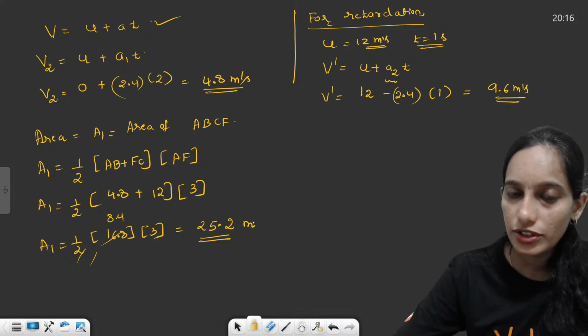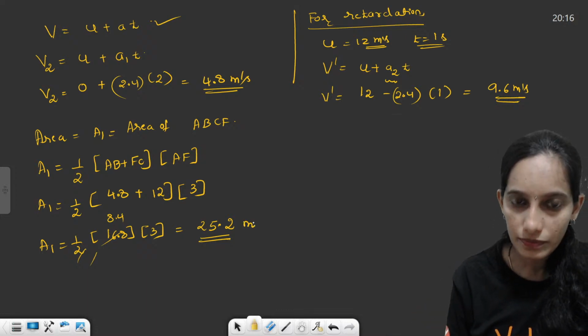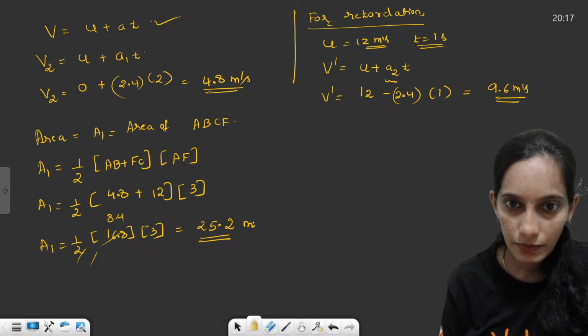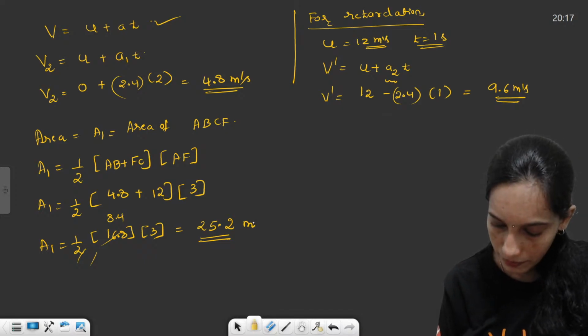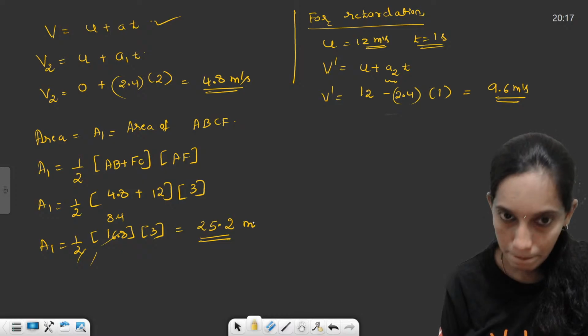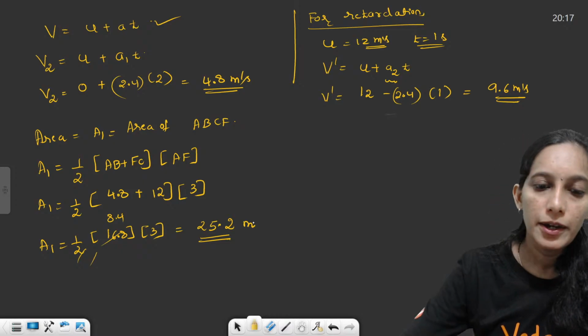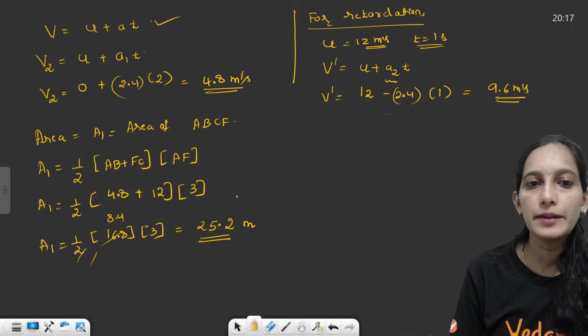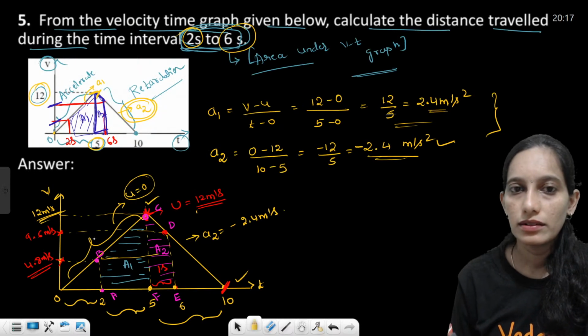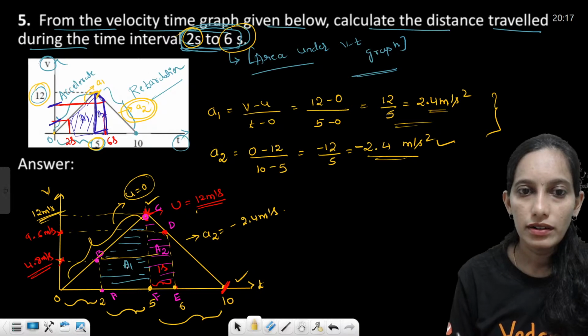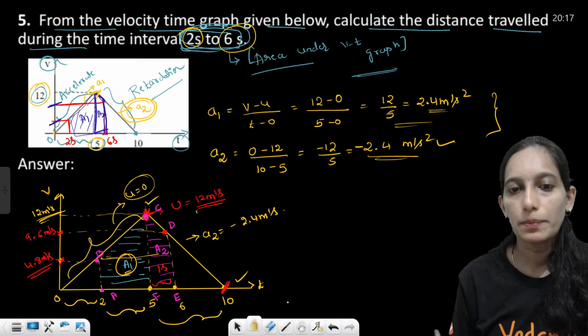I'll just cross check once. Yes, 25.2 meters is the area under A1, that is the BCFA trapezium area.